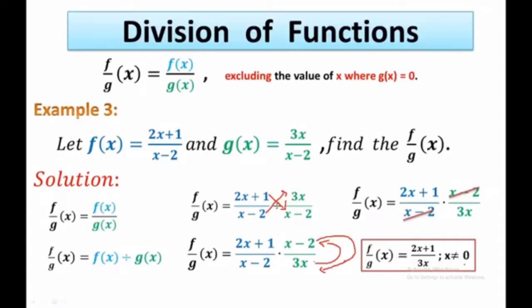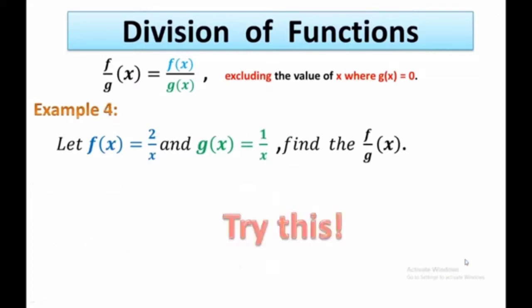So the quotient of the two functions, 2x plus 1 over x minus 2 and 3x over x minus 2, is equivalent to another function, which is 2x plus 1 over 3x, where x is not equal to 0. So that is for the division of functions.